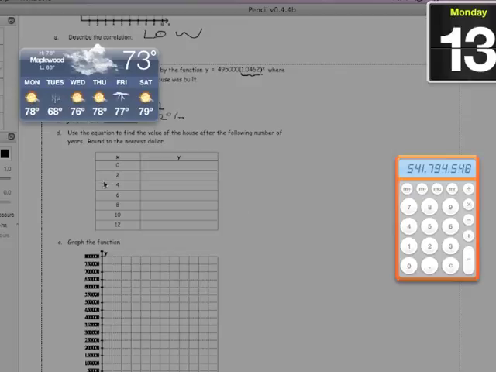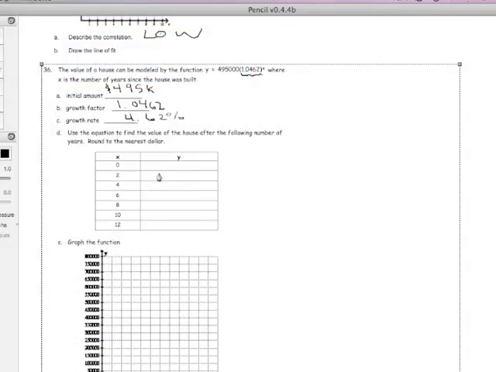So this is at year 2, 541,795. And at year 0, we already said this is 495,000.